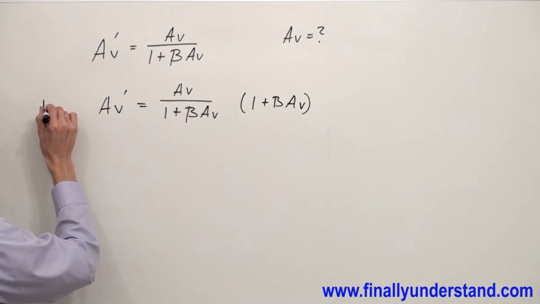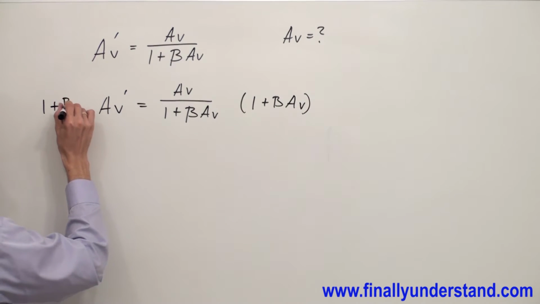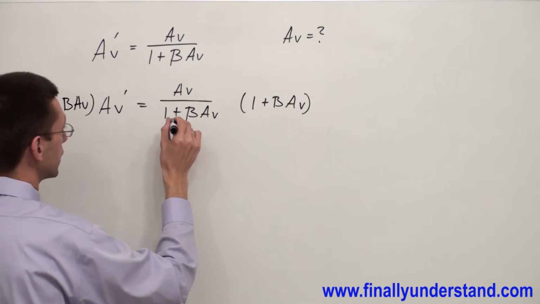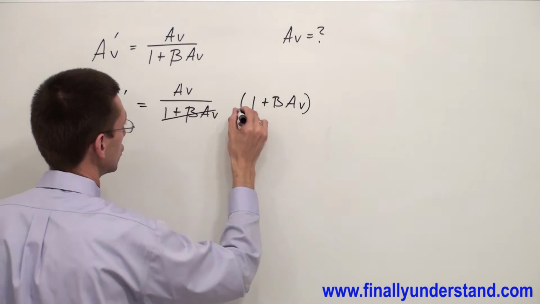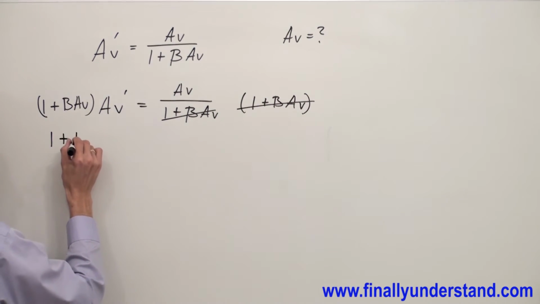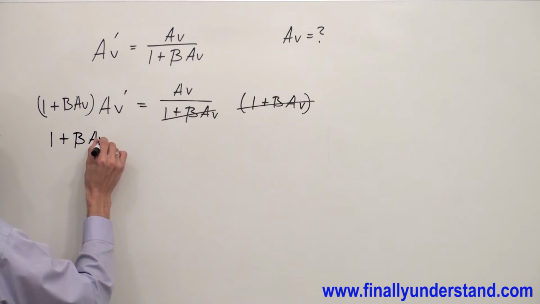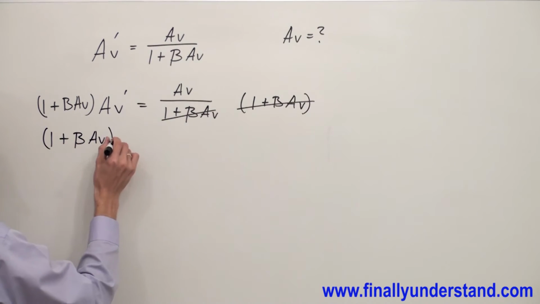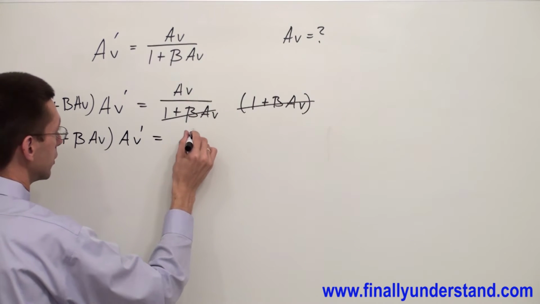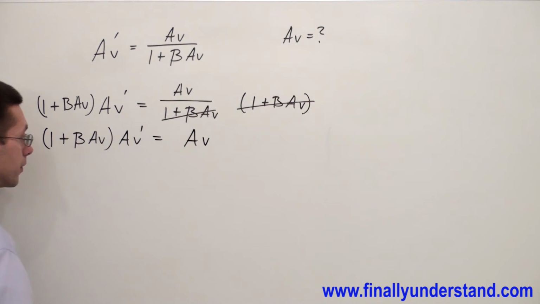And I have 1 plus beta AV. Okay, 1 plus beta AV is going to cancel out. And I'm going to have 1 plus beta AV times AV prime equals AV.